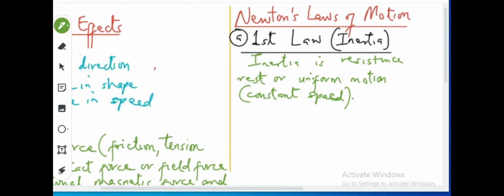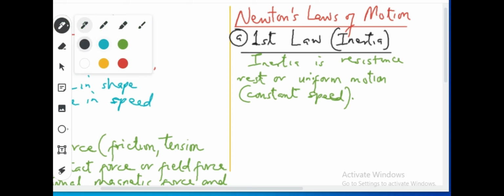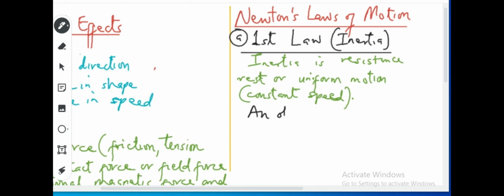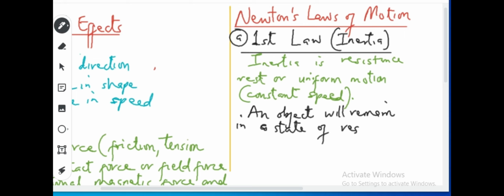Now, this is the law. Do you remember? What's the first law? An object will remain in a state of rest or constant speed.